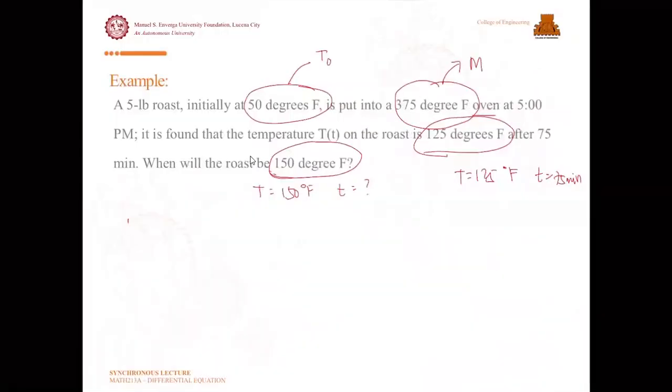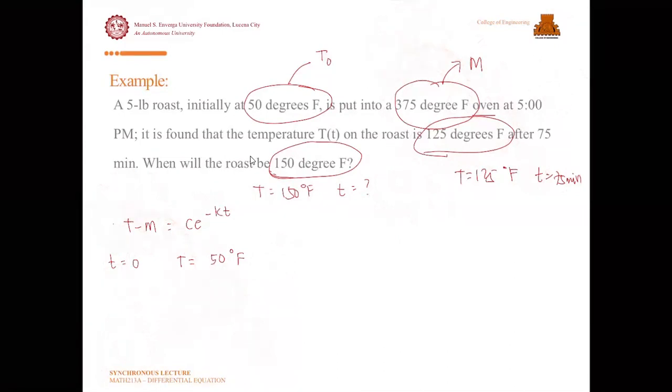Okay? So, T minus M is equals to C e raised to negative kt. Okay? So, kung consider natin yung initial, so pag sinabi initial, yung time natin is 0, ano ang temperature natin? 50 degrees Fahrenheit.